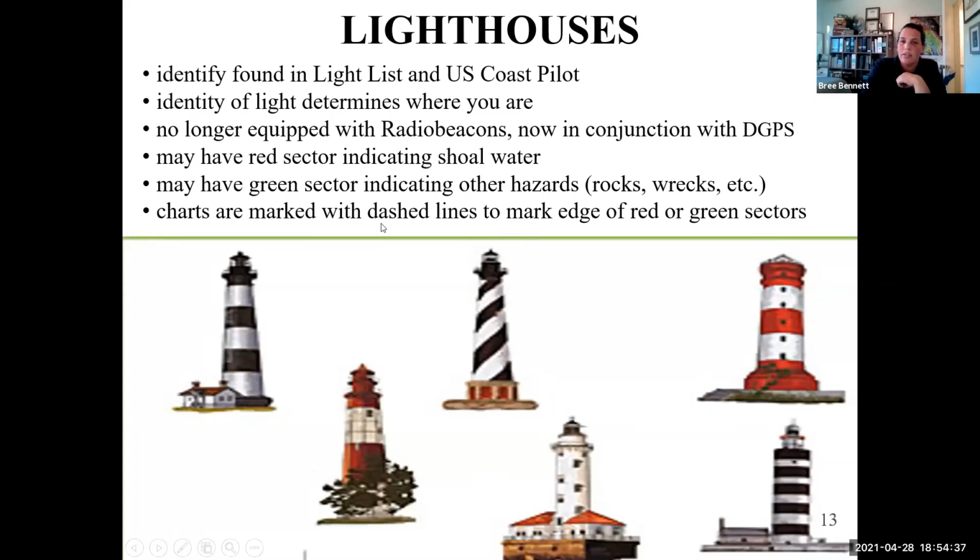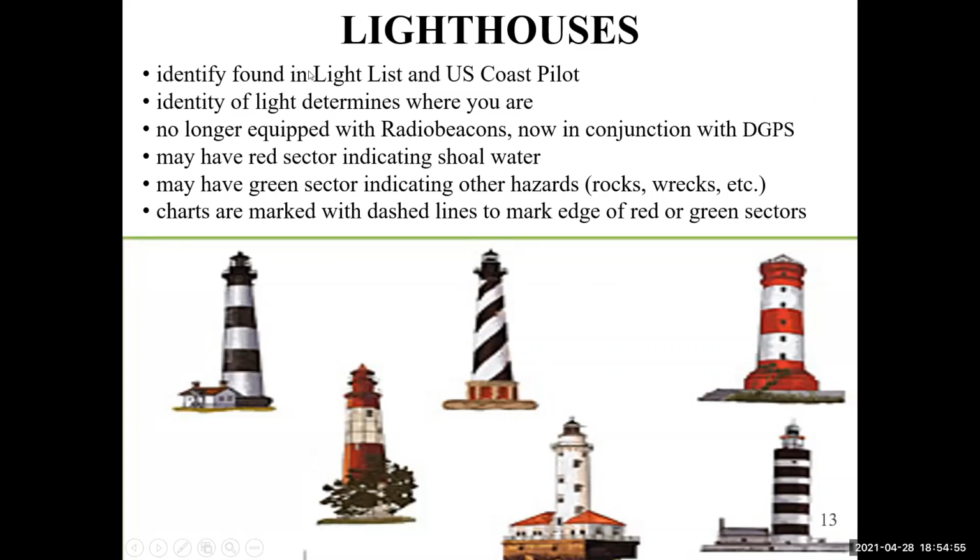So does anyone remember where I would get a description of the structure of a lighthouse besides on the chart? I'm looking for the Coast Pilot. Coast Pilot. Found in the Light List or the Coast Pilot.